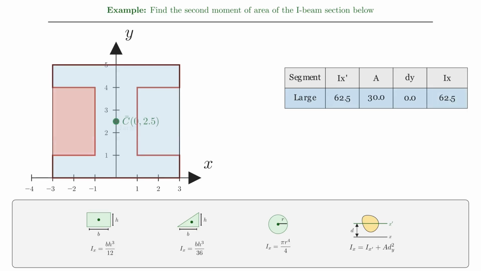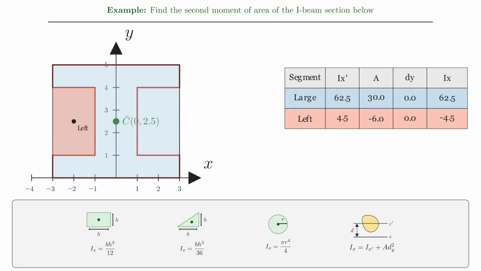Moving to the left cutout, we can calculate Ix prime. Using the formula, the base is 2 times the height, which is 3 cubed, divided by 12, is 4.5 meters fourth. The area is 2 times 3, which is 6 meters squared. As we said, dy is 0. So Ix is going to be 4.5. Here I'm going to record this as minus 4.5 because I'm going to be subtracting this from the larger shape.